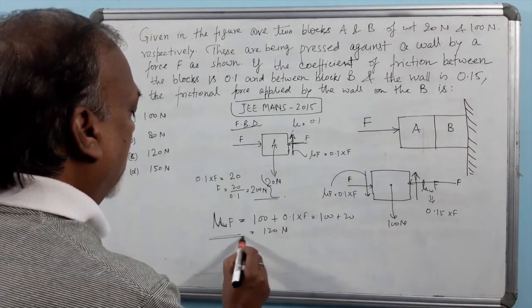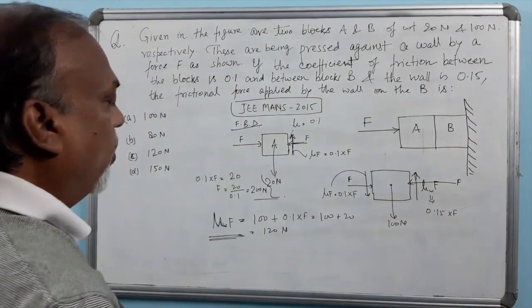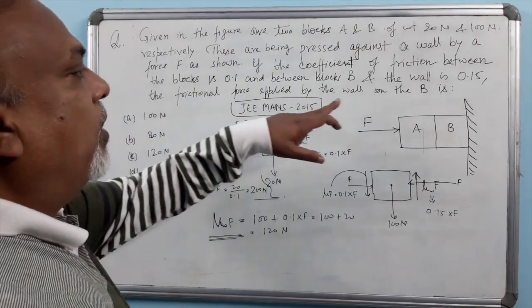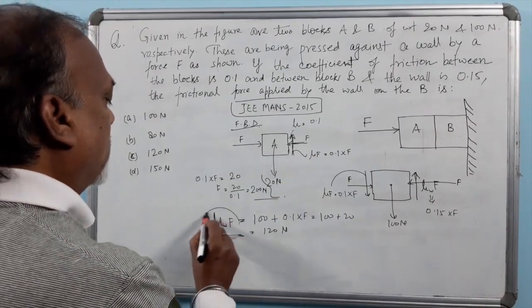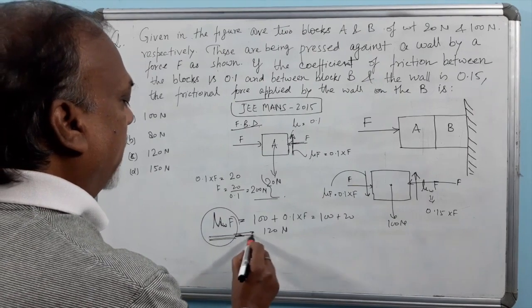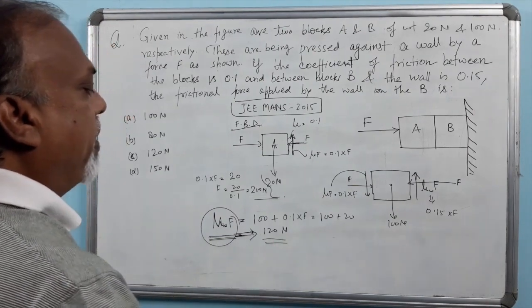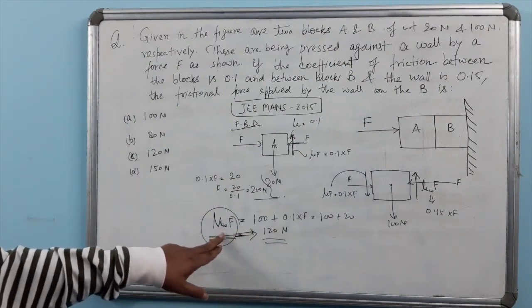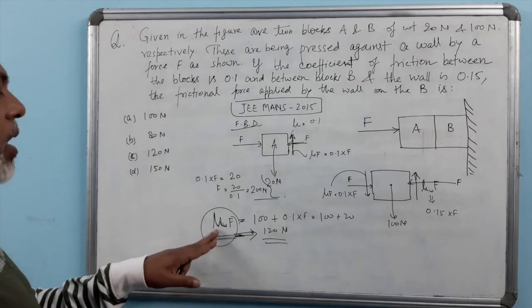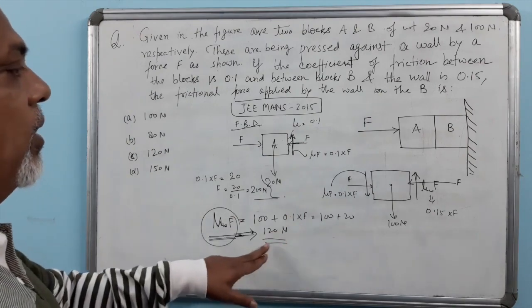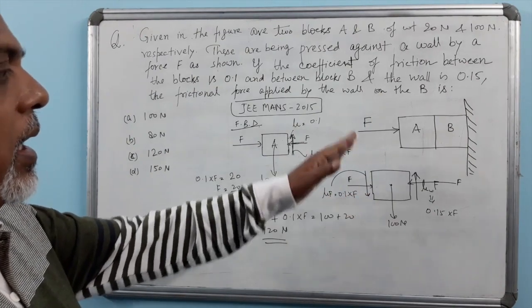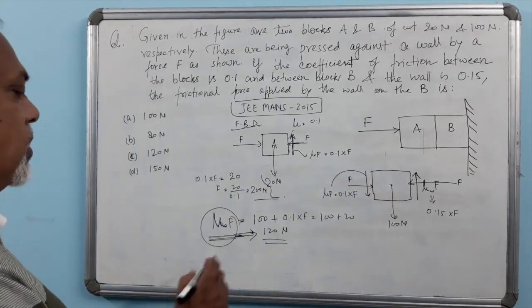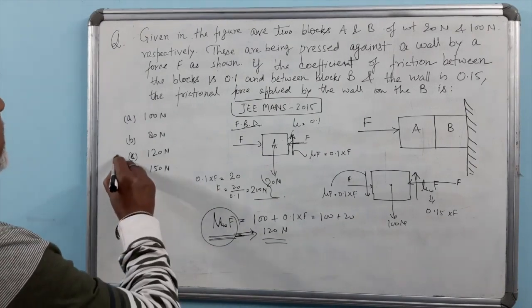This is basically the frictional force applied by the wall on block B. This is what it is asking. When this frictional force the wall will apply, then only things will be in equilibrium, otherwise block B will fall down. So the answer is this.